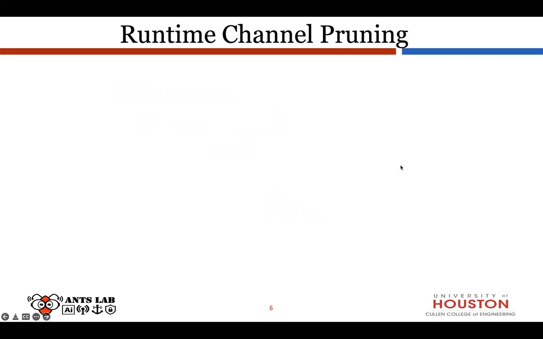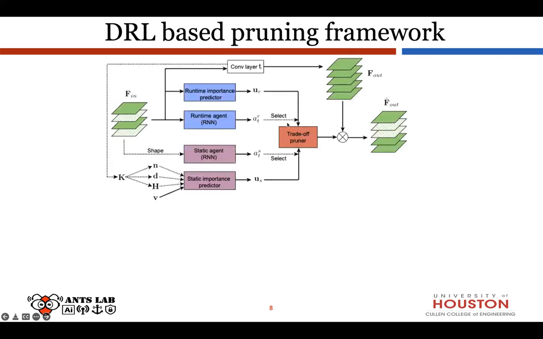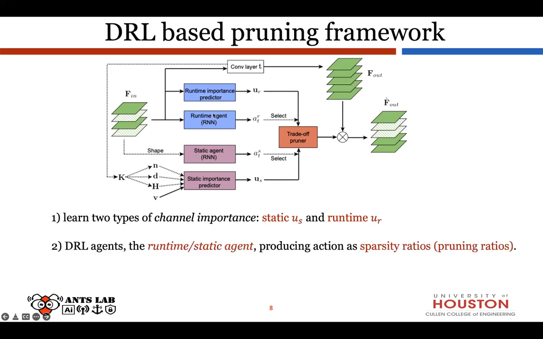Now let's see their algorithm. This is a system overview of their algorithm. For the input features, they learn two types of channel importance predictor, the runtime channel importance predictor and the static channel importance predictor, which can measure the importance of each channel. They also have two deep reinforcement learning agents, the runtime agent and the static agent.